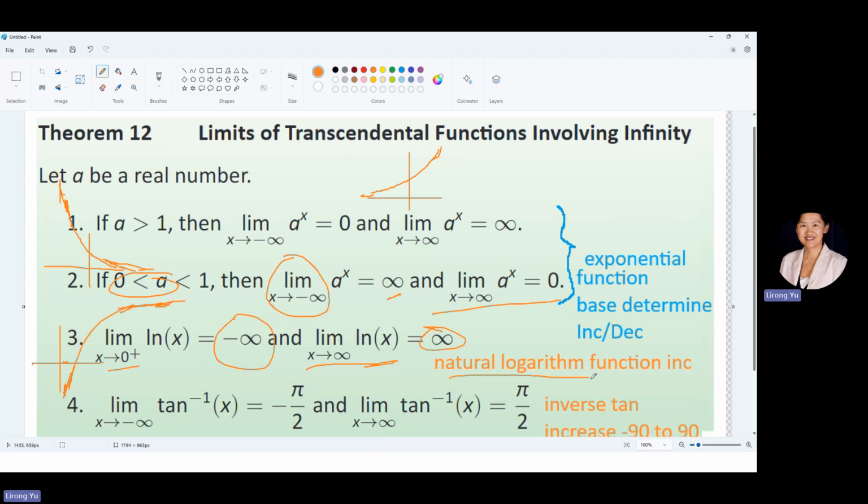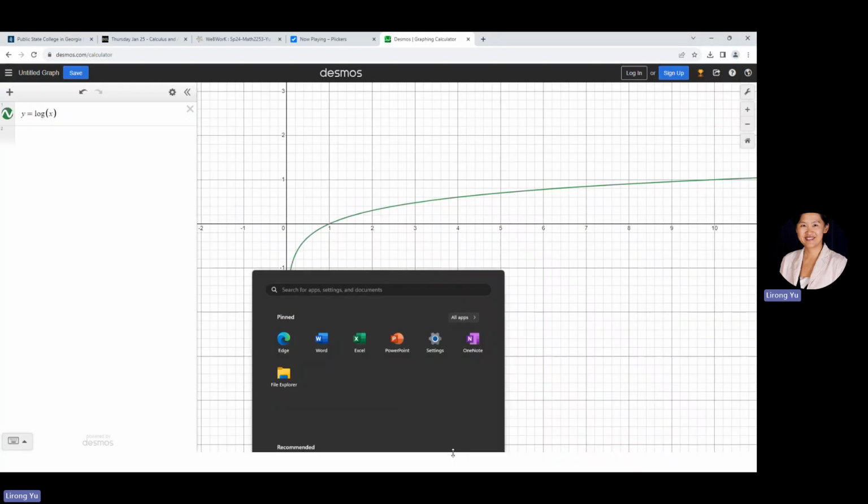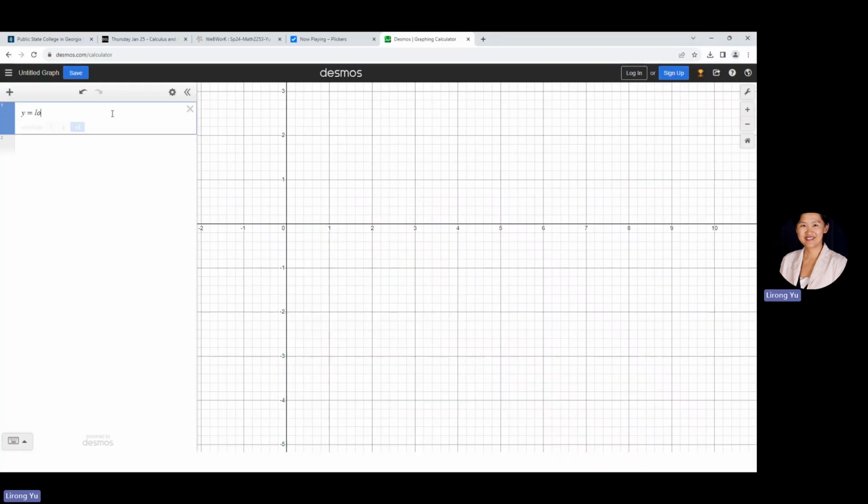Last one is a little bit about tangent inverse. Tangent inverse is an increasing function. It increases from negative pi over 2 to positive pi over 2. If you look it up, that's why the two limits have pi over 2. It has horizontal asymptotes at those two values. So tangent inverse, right?